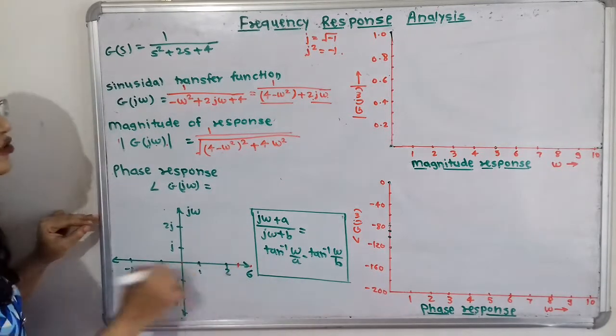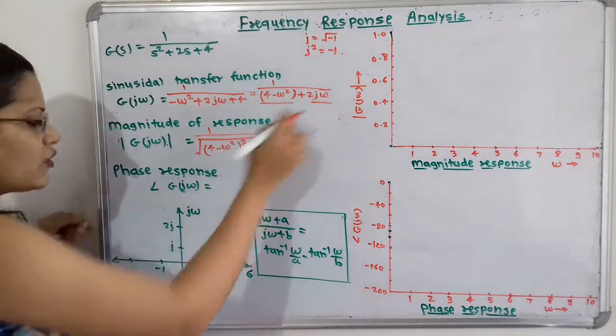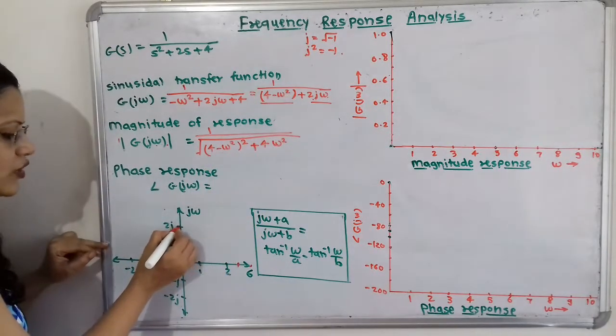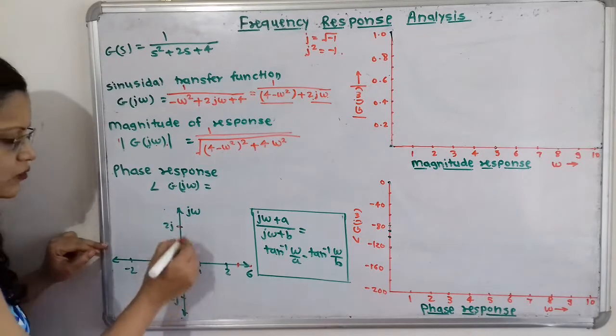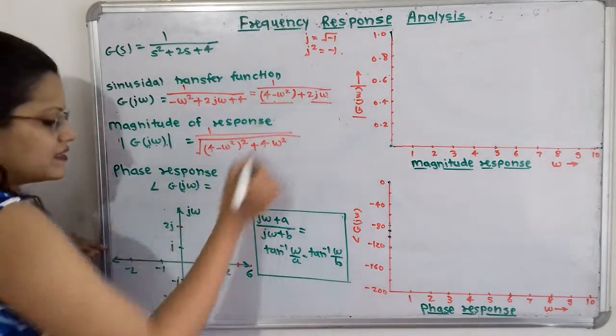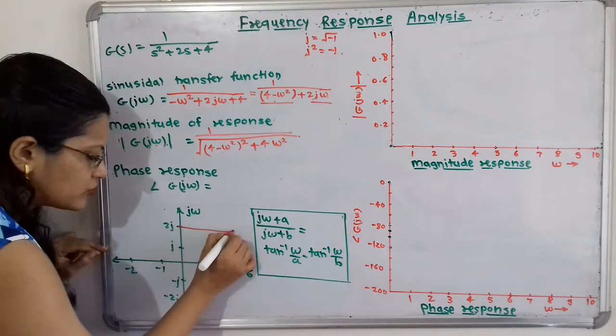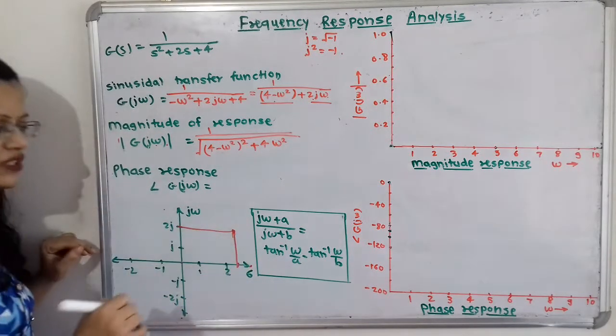So 4 minus omega square, and here 2j omega, which also has a plus sign. I will refer to this value here. So how to plot this point? I will extend this vertical line and horizontal line, and the point of intersection is here.